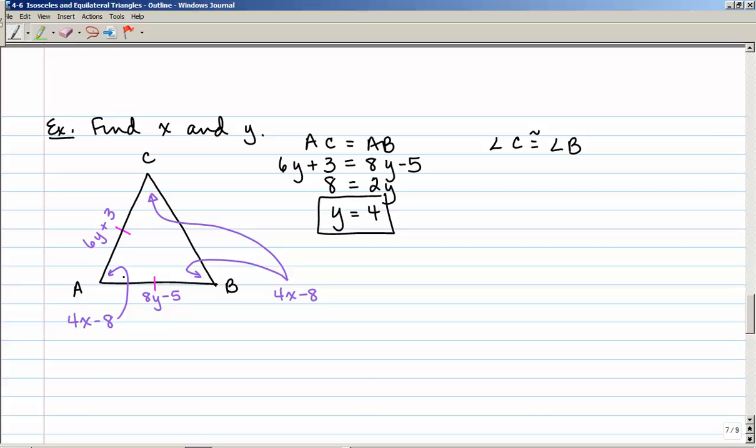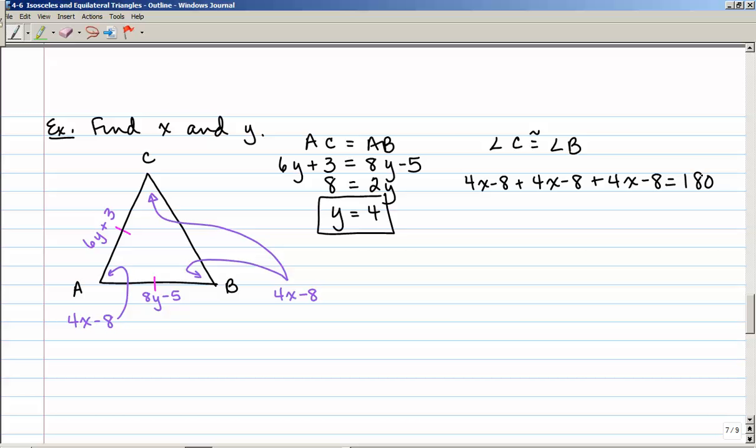And I know that angle A, angle B, and angle C have to add up to 180. So angle A is 4x minus 8. Angle B is also 4x minus 8. And angle C is also 4x minus 8. And that has to add up to 180.